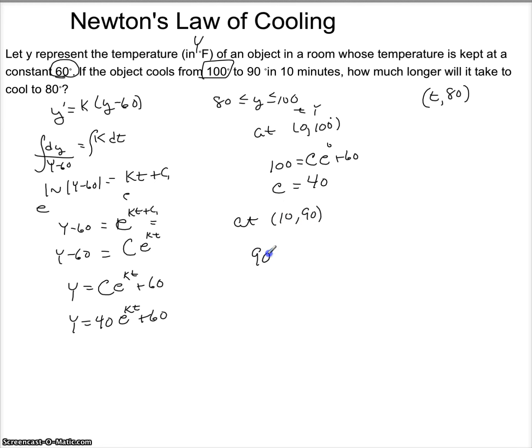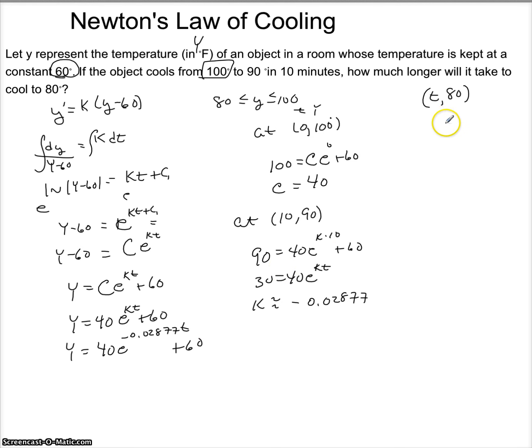I have 90 is equal to 40 e to the k times 10 plus 60. So 30 is 40 e to the 10k. Solving for k, I get about negative 0.02877. So now my equation is y is 40 e to the negative 0.02877t plus 60.